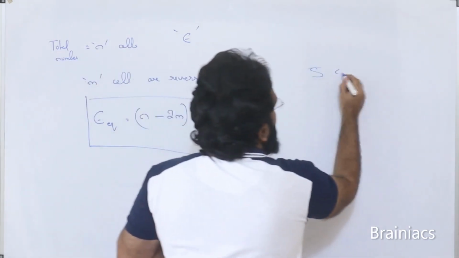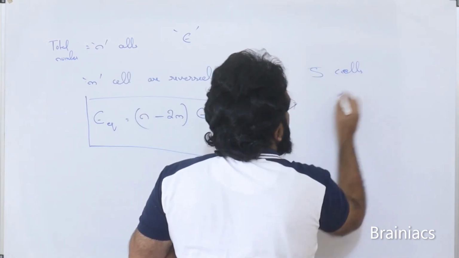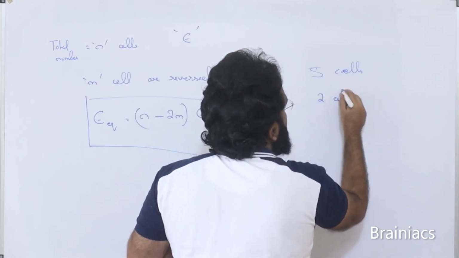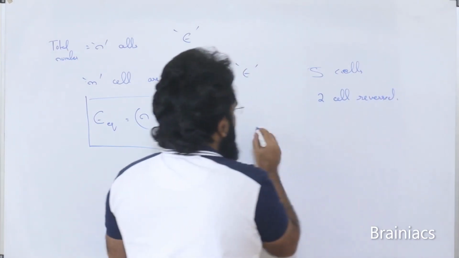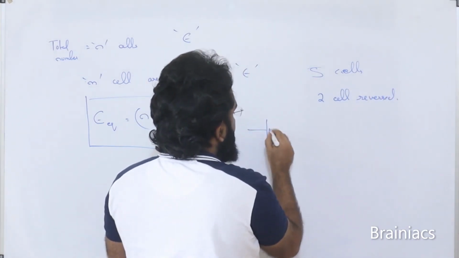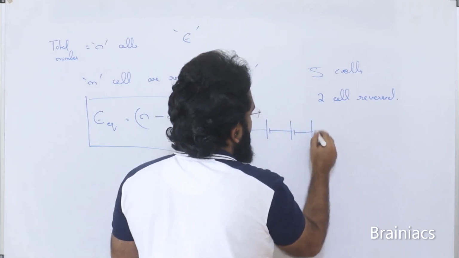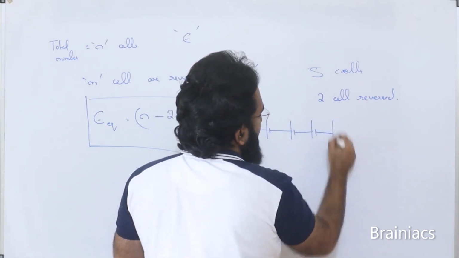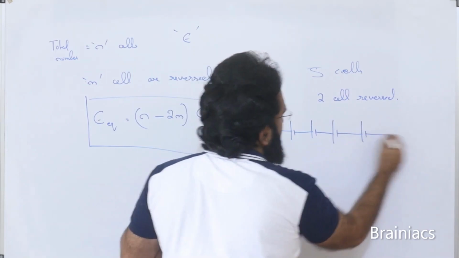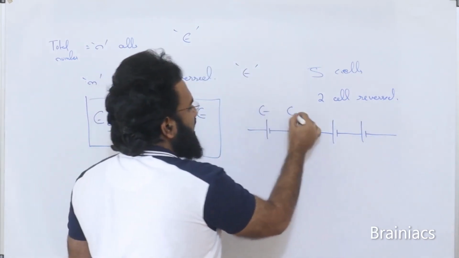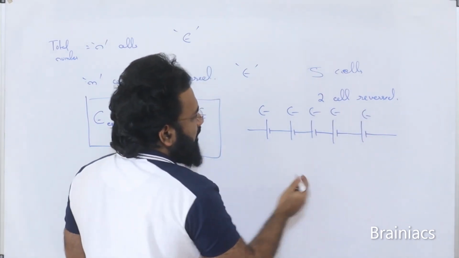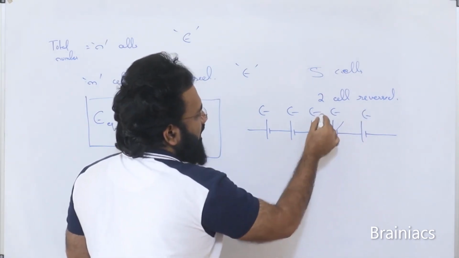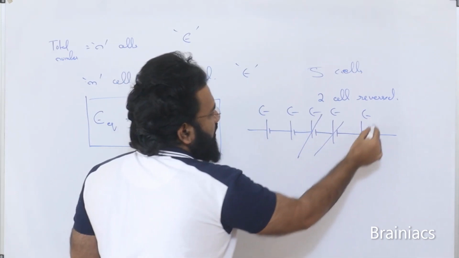Suppose 5 cells are there. 2 cells are connected in a reverse manner. So suppose 3 cells are in this form, 2 cells are connected like this. This is E, E, E, E, E. So these are reversed. So what will happen? These two will nullify the effect of two of the others.